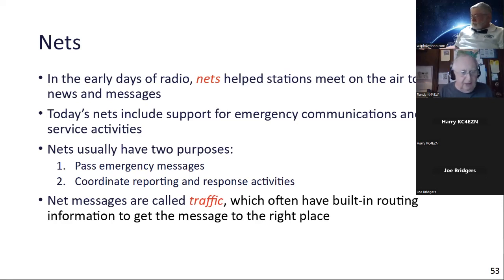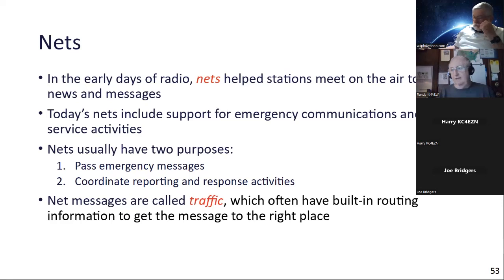Now let's stop right there and go beyond the book a little bit. There are several types of nets. One is club nets. Local clubs have their nets at a certain time on a certain repeater.